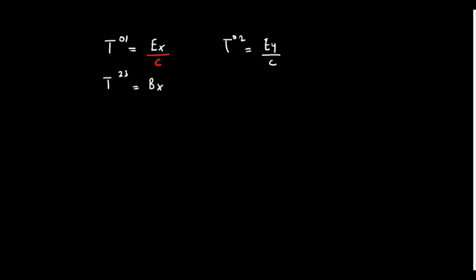Okay, t03 is equal to ez divided by c. Okay, and you have t12 equal to simply bz, and t31 which is equal to simply by.